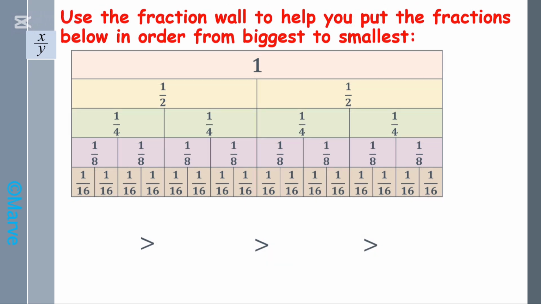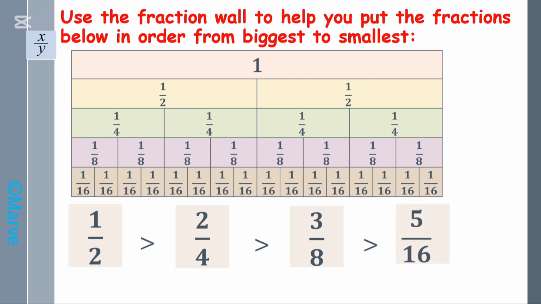Because we're going from biggest to smallest, we're going to use the bigger than sign, which is the greater than sign. So the biggest of those numbers is 1/2, which is bigger than 2/4, and 2/4 is bigger than 3/8. Can you see that? Look at that again.